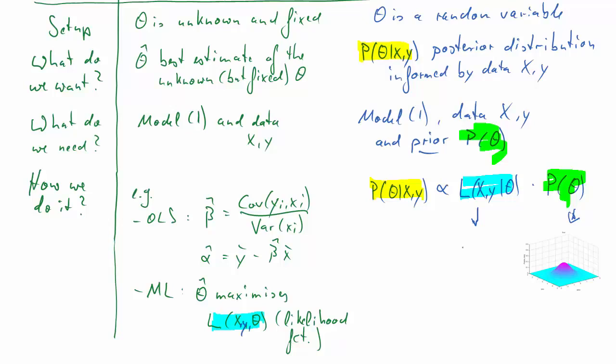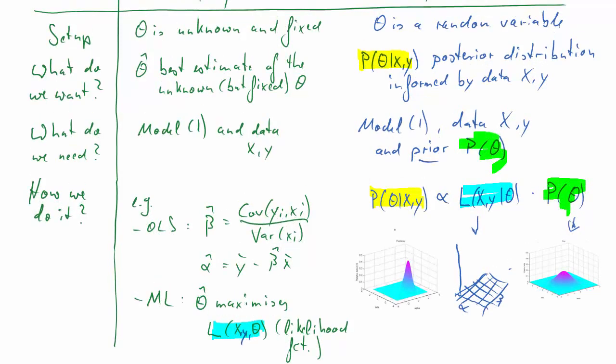So that likelihood function, we can calculate that for each value of alpha and beta. So in a way, that's a three-dimensional construct as well. For each value of alpha and beta, we can calculate that value. And then we multiply these two things together, and what you get then is what's called the posterior distribution, and that's a distribution again.